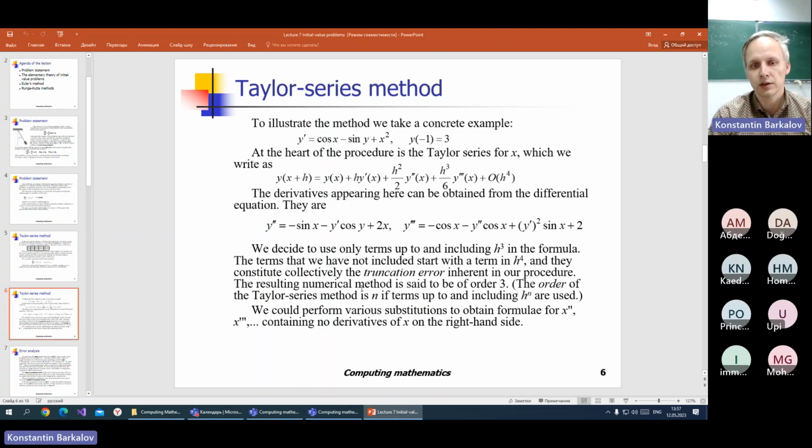The resulting numerical method is said to be of order 3.